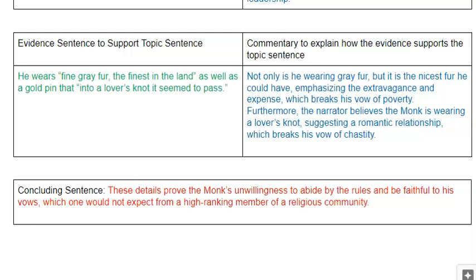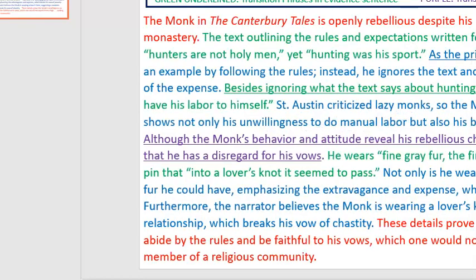So, what do you have to have? You have to have a topic sentence, a concluding sentence, and in between that, you're going to have three pieces of evidence. Each piece of evidence has its commentary. And then this is what you're going to have once you finish.